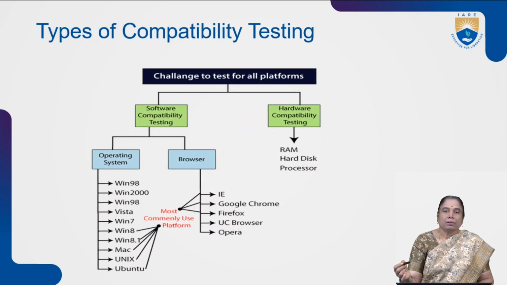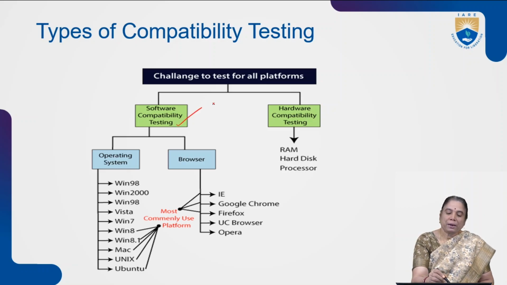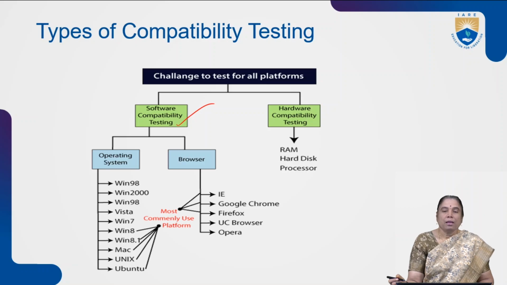Compatibility testing has two varieties: software compatibility testing and hardware compatibility testing. In software compatibility testing, the application must be checked against a variety of operating systems and browsers. Operating systems like Windows 98, 2000, Vista, Mac, Unix, Ubuntu are environments where the application is deployed and tested.